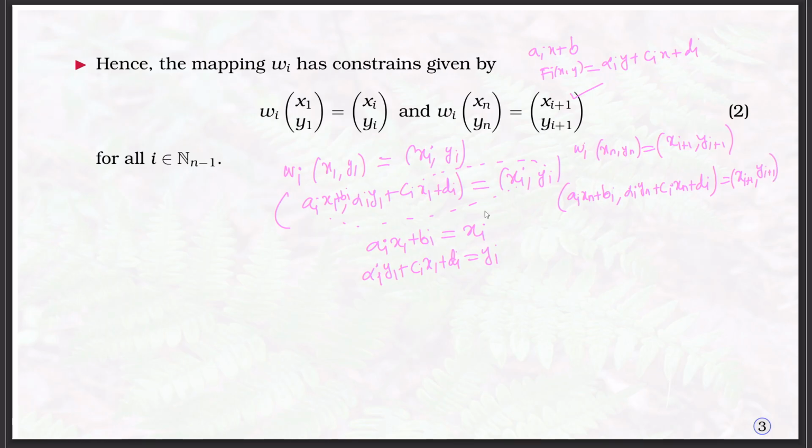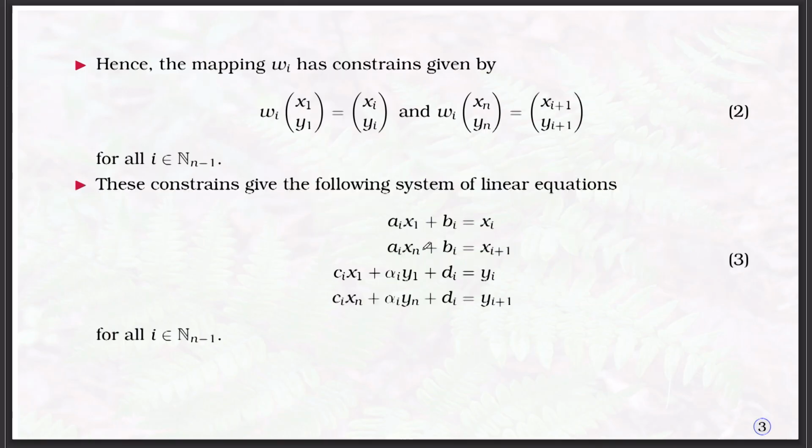Now again with the same thing, this coordinate equals this one and this coordinate equals this one, so one can get ai xn plus bi equal to xi plus 1, and alpha i yn plus ci xn plus di equal to yi plus 1. So now we get the system of 4 linear equations.